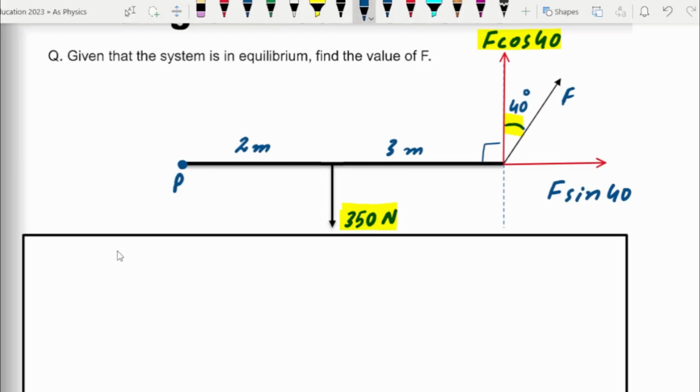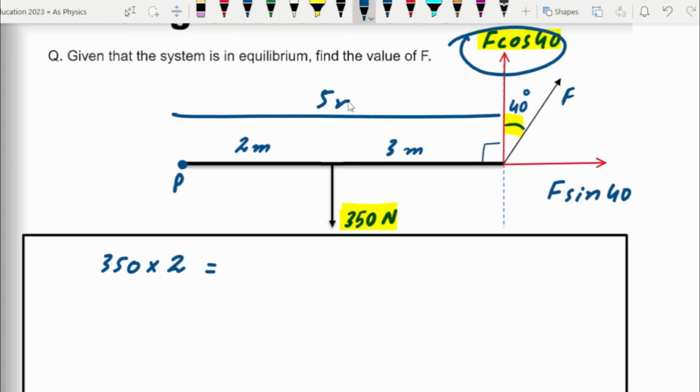That equals 350, the force, times the perpendicular distance, which is 2 meters. And that equals the anti-clockwise moment. And the anti-clockwise moment is the force times the perpendicular distance of that force from the pivot, which in this case is 5 meters. We can add 2 meters and 3 meters.